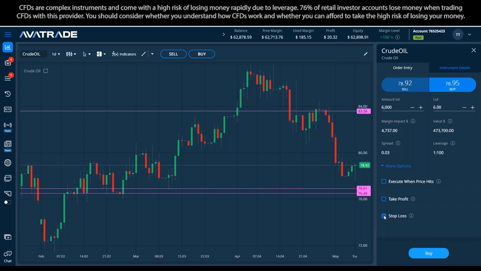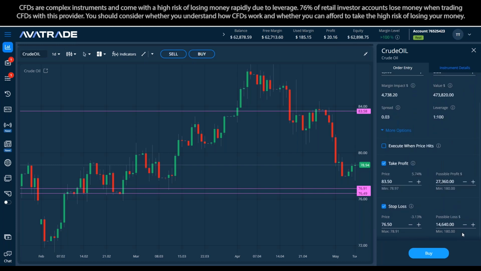And so stop loss at 76.50. Take profit at 83.50. Okay, so possible profit, not quite double the risk, but better than the risk.